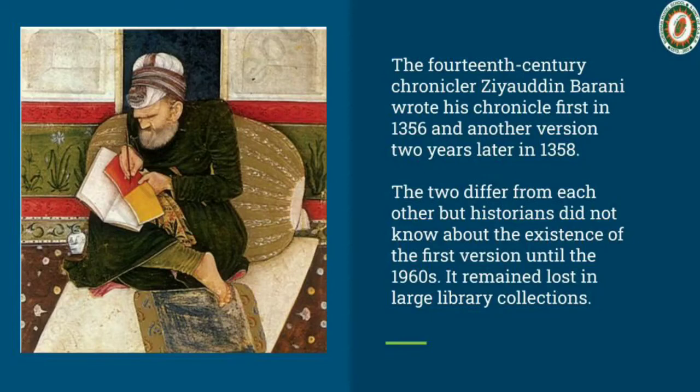But historians did not know about the existence of the first version until the 1960s, and it remained lost in large library collections. So it is very difficult for historians to find out history. But when they discovered the other one and compared both copies, there were a lot of dissimilarities between the two. Okay, that's all about historians and their sources.